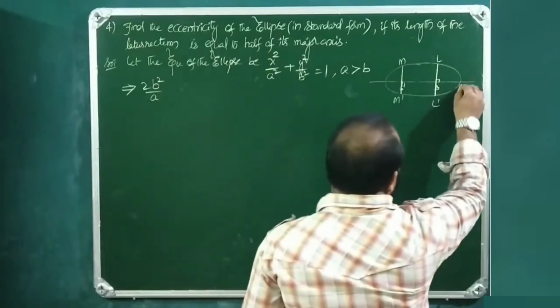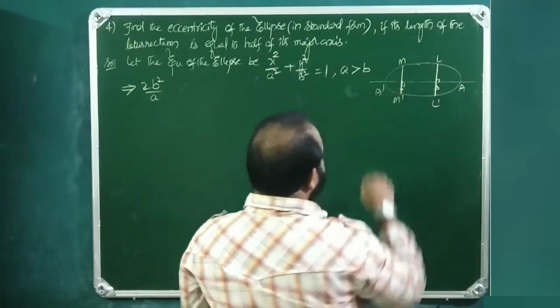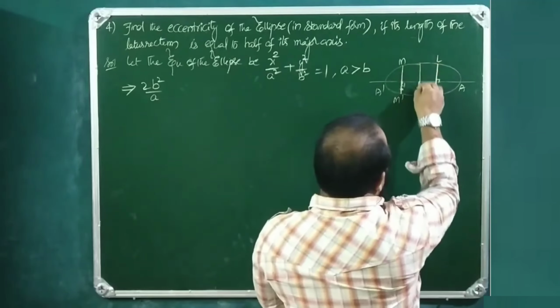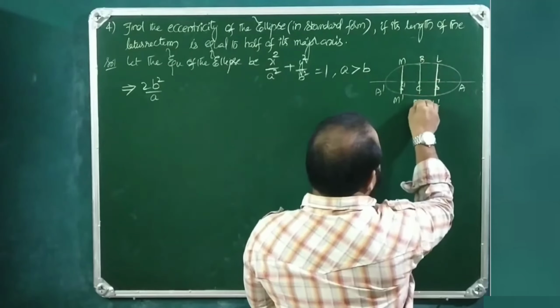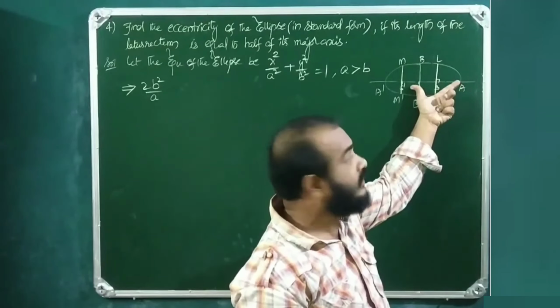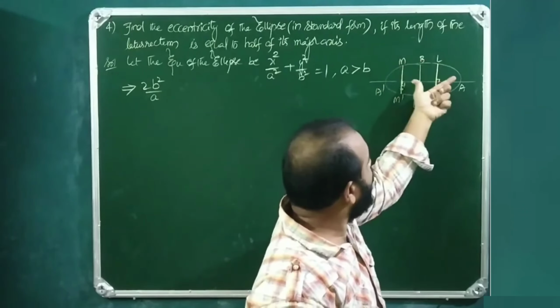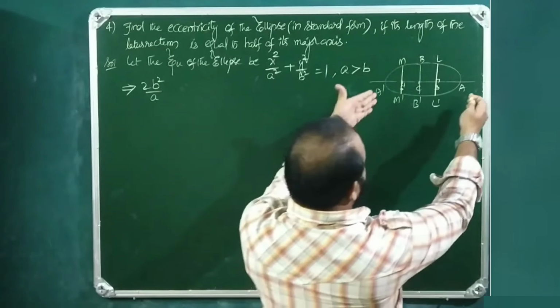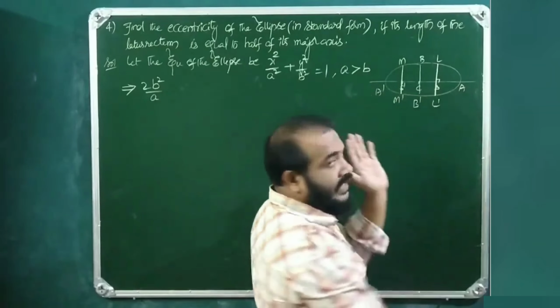What is the major axis? Here, since A is greater than B, this is B dash. So this is seen to be greater compared to this. Therefore A is greater than B, so the major axis is along the x-axis.